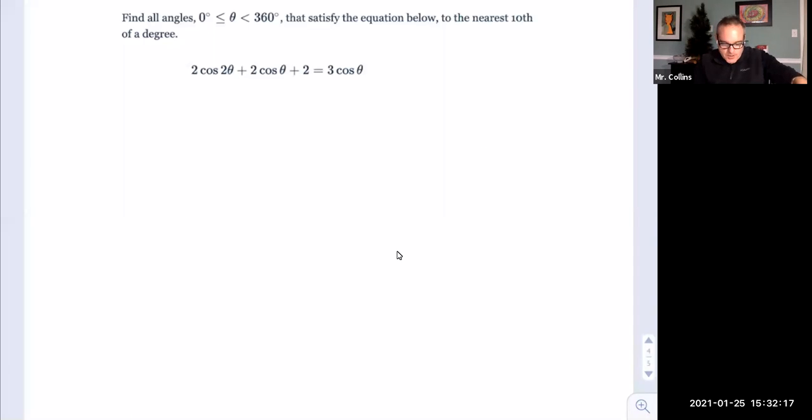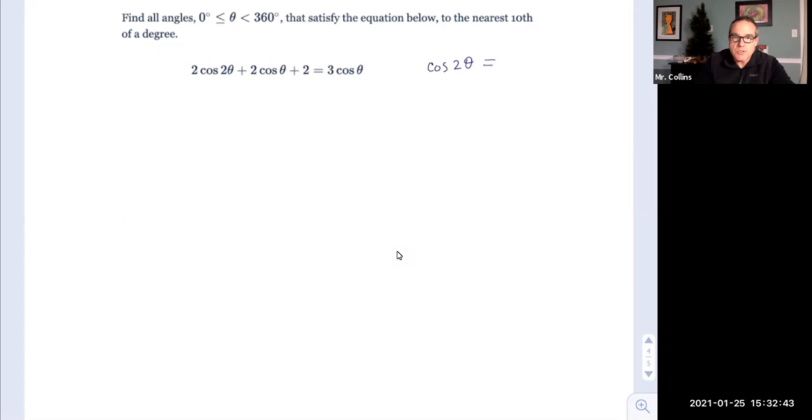All right, guys, let's look at another example of how to solve some of these trig equations. Very similar to the last video I made, this problem has double angles and single angles. It happens to have a cosine of a double angle, and cosine of a double angle has three identities that go with it.